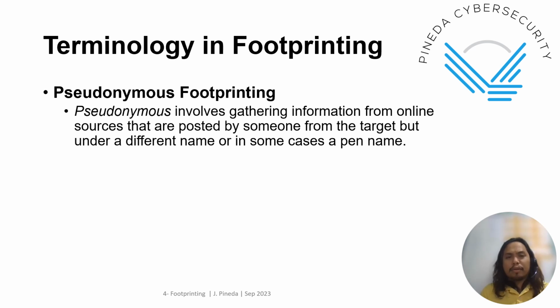We also have what we call pseudonymous footprinting, which involves using pen names, okay, by trying to be anonymous when posting information to interact with the target, that the target will be able to see and at the same time respond to, but it's not the real identity.